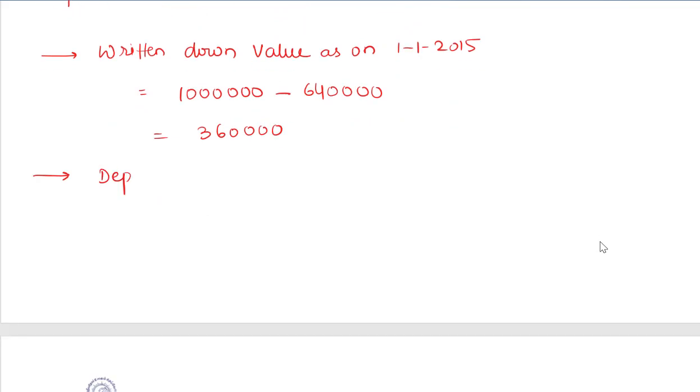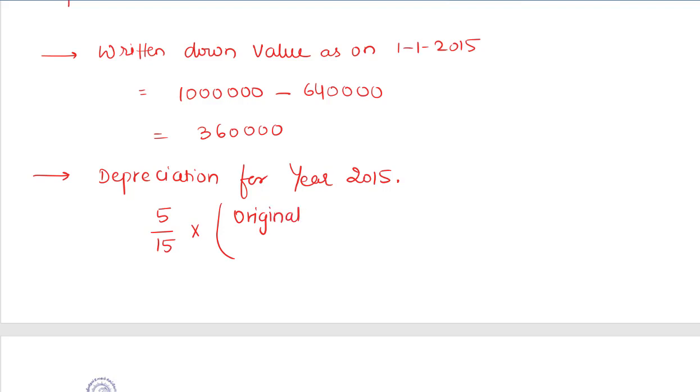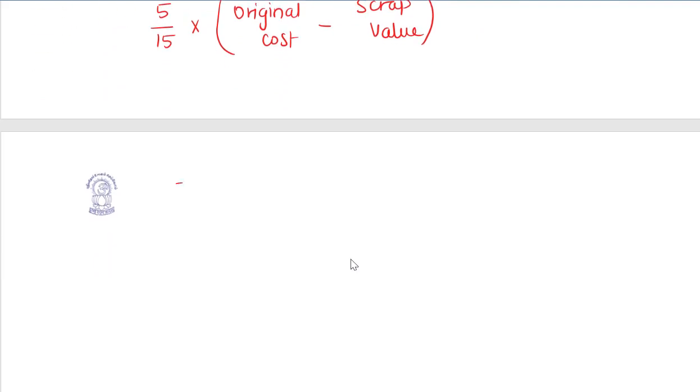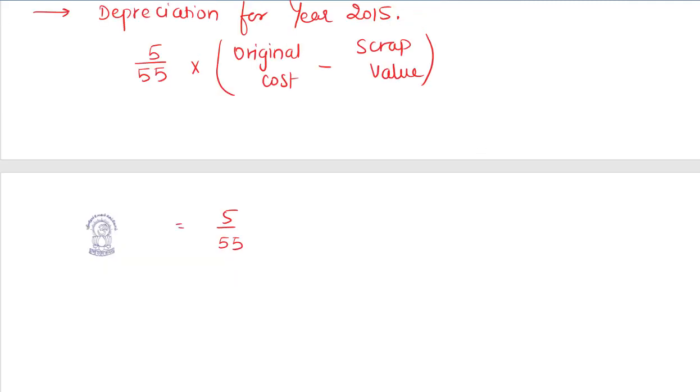Kindly write depreciation for year 2015. 5 by 15, sorry, it's not 5 by 15, it's 5 by 55, multiplied by original cost 10 lakhs minus scrap value, that is 1,20,000.